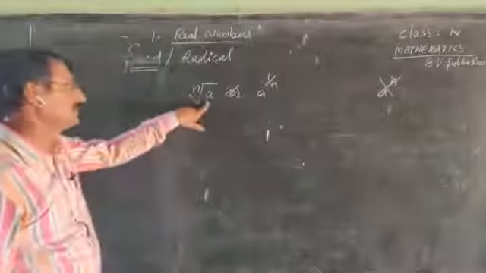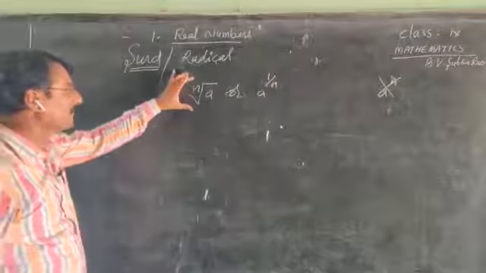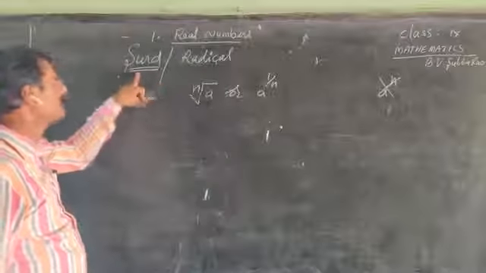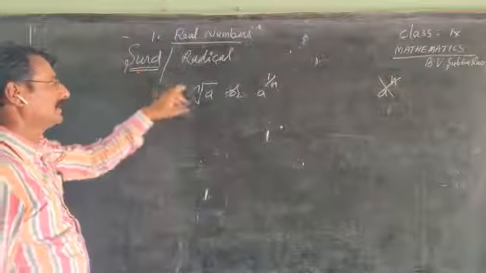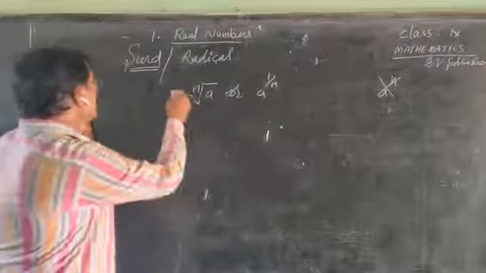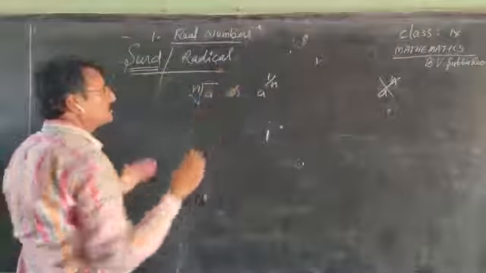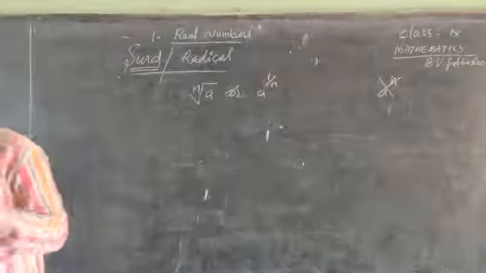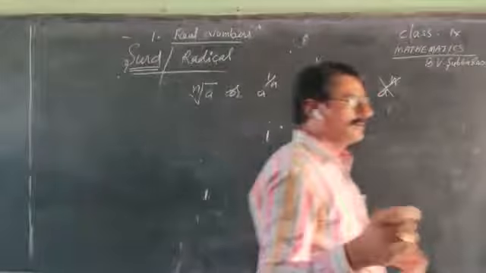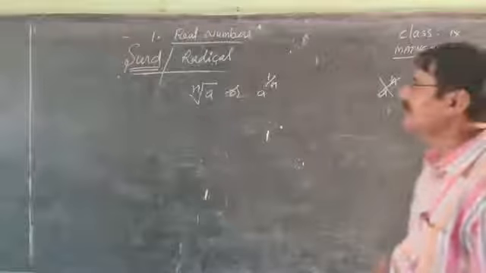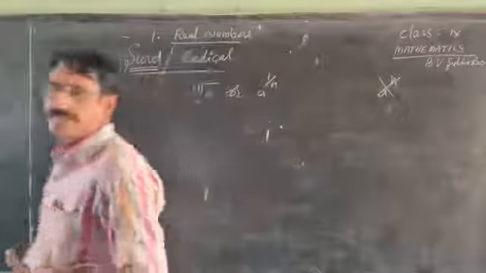This is the nth root, called a surd. Now this is also called a surd. That means a surd has two types of forms, which we can write in two ways.